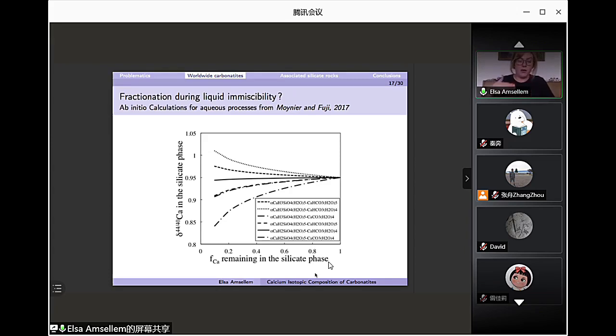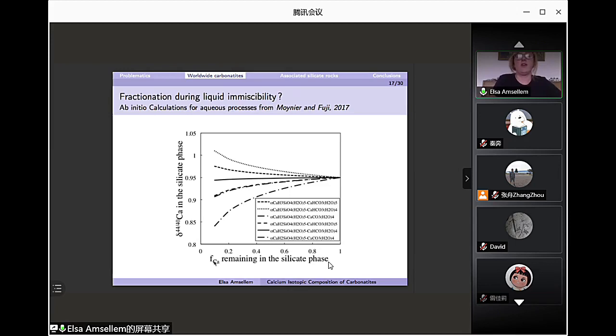And though it has never been studied for this kind of liquid immiscibility in carbonatites, Moynier and Fujii 2017 have calculated, using ab initio calculation, the fractionation factor for calcium for different aqueous species. And I've used their fractionation factor as a first order, because of course it's not the same environment, but as a first order, I was trying to see if we could expect fractionation during this transfer of calcium.